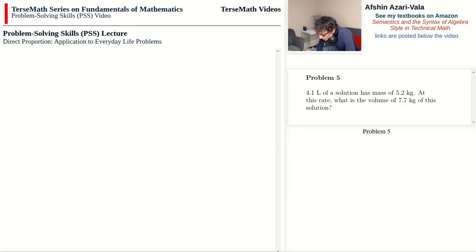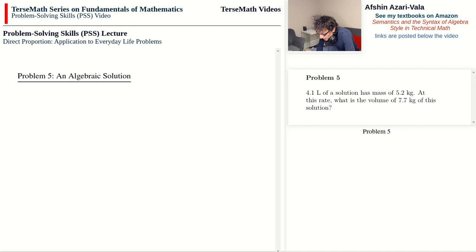Now next problem, we have 4.1 liters of a solution has a mass of 5.2 kilograms. At this rate, what is the volume of 7.7 kilograms of this solution? Now the previous problem gave us the volume and asked for mass, and the present problem gives us the mass and asks us to find the volume.